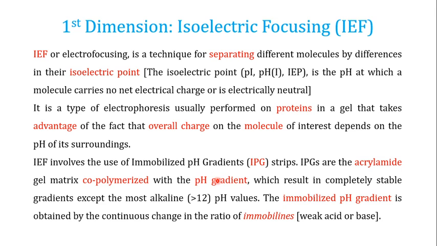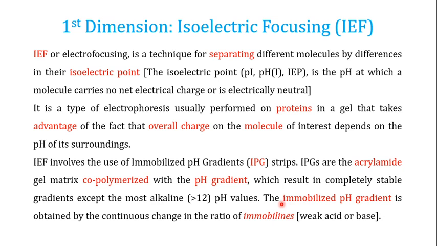This pH gradient results in completely stable pH gradients except for the most alkaline pH values. Now how is this immobilized pH gradient made? The immobilized pH gradient is obtained by a continuous change in the ratio of the immobilines, and these immobilines are actually a weak acid or weak base.